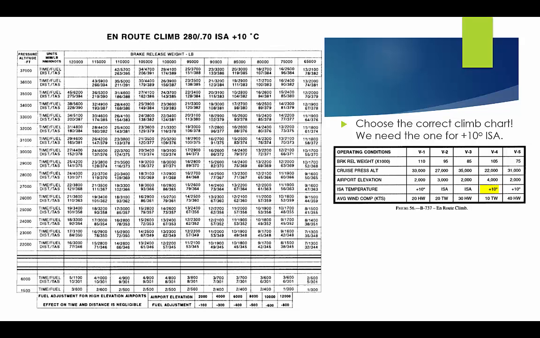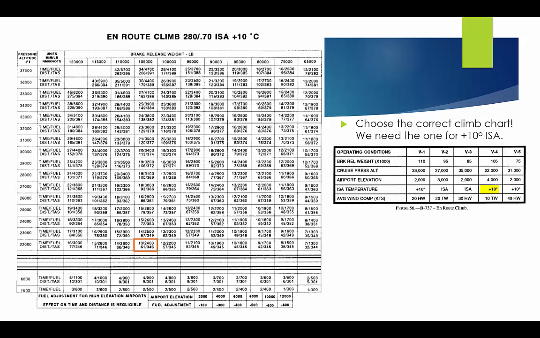So making sure we're using the correct climb chart, we need the one for plus 10 ISA, and here is the chart. Now we can use our cruise pressure altitude, and we can use some information on here of our brake release weight of 105,000 pounds.